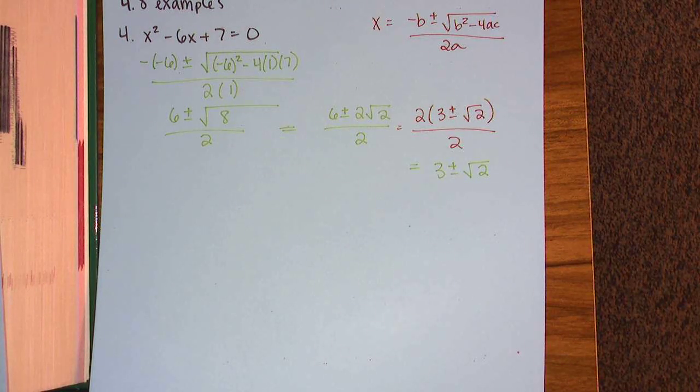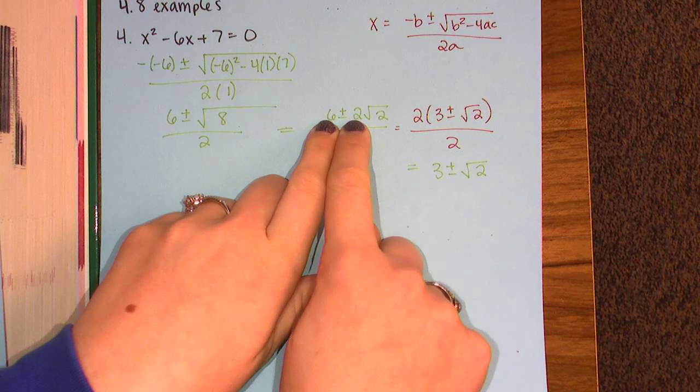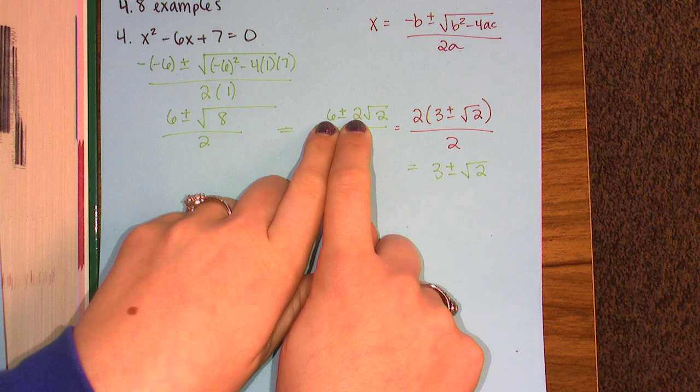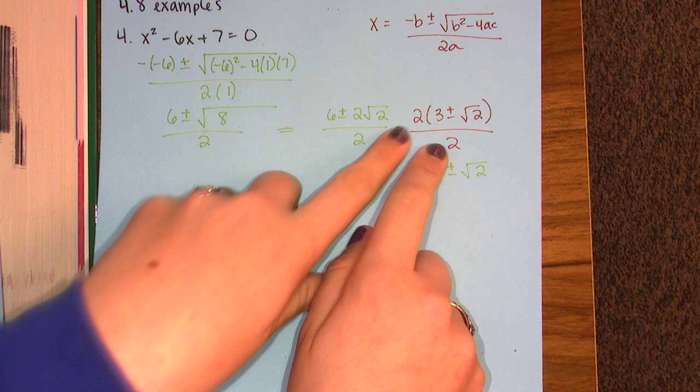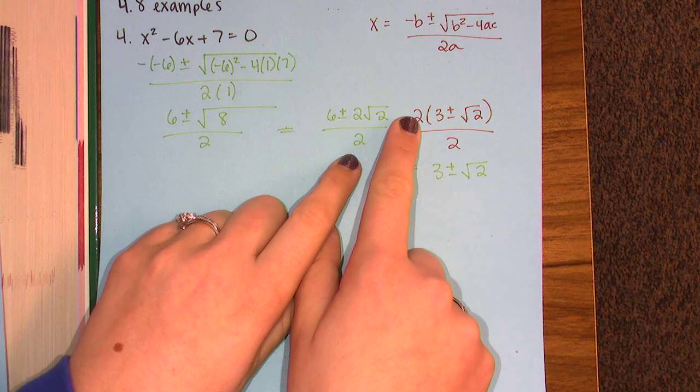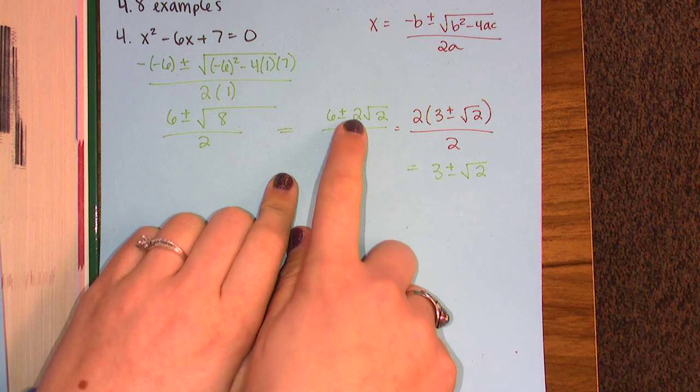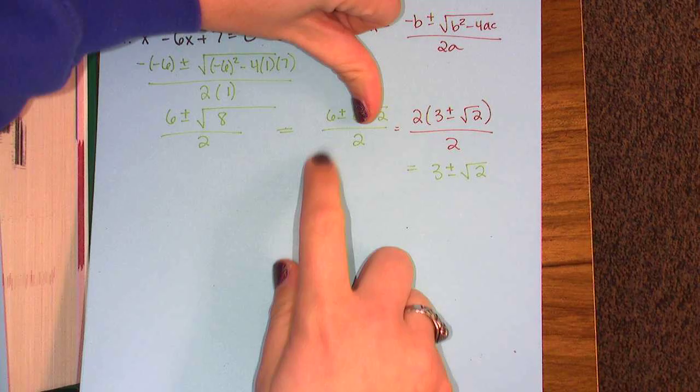I'm sure we'll have another one like that in a minute, but I pulled it out from here. I took a 2 out of both of these. I did ultimately, but I have to pull it out first to do that. Because commonly what happens is, let's just say this 2 wasn't here.